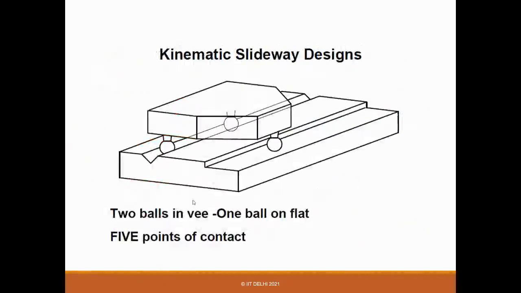So if we use the principle of exact constraint design and move forward, this will be the ideal design. You have two contacts here on this ball, two contacts on this, and one contact here. So two balls in V and one on flat, 2 plus 2 and 1.